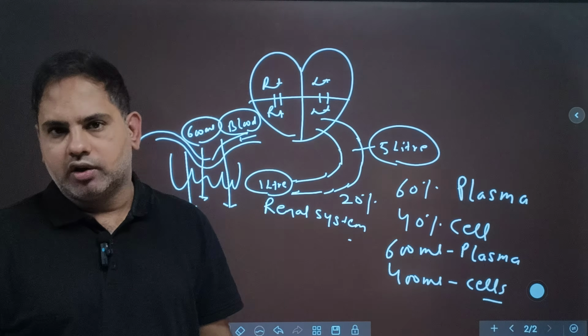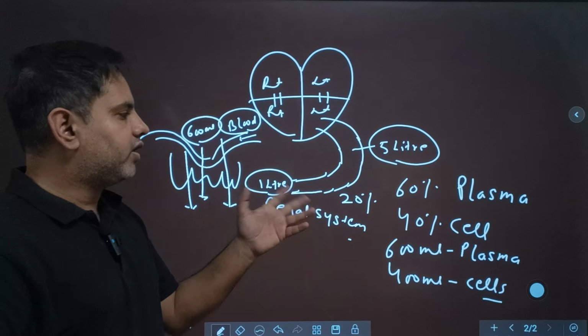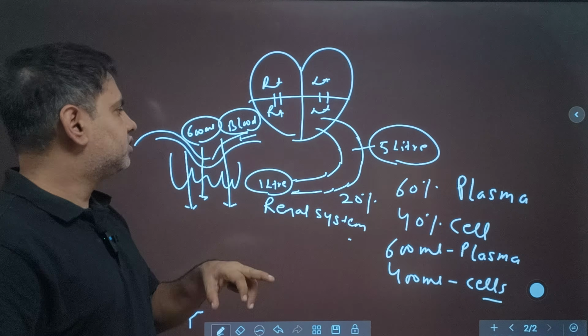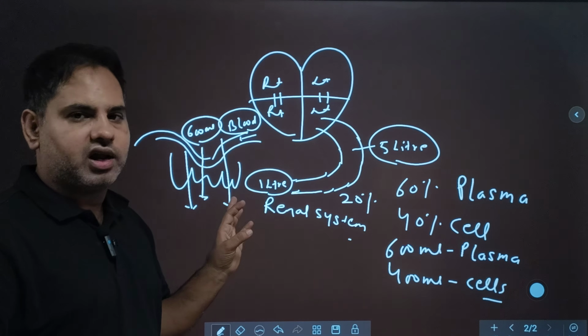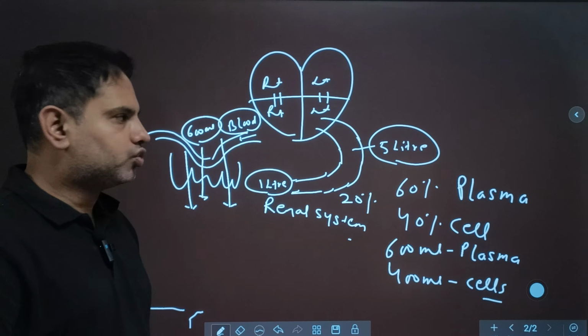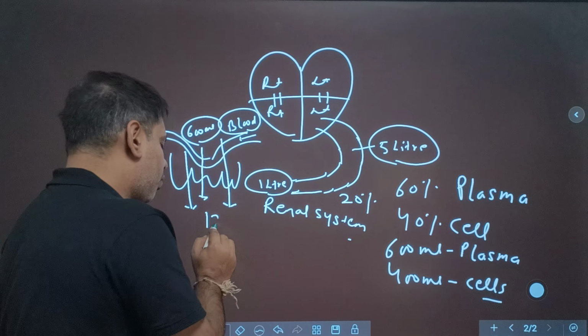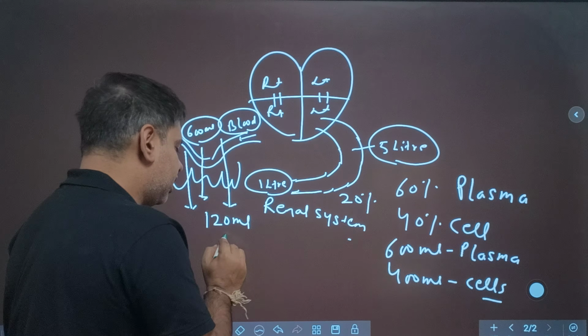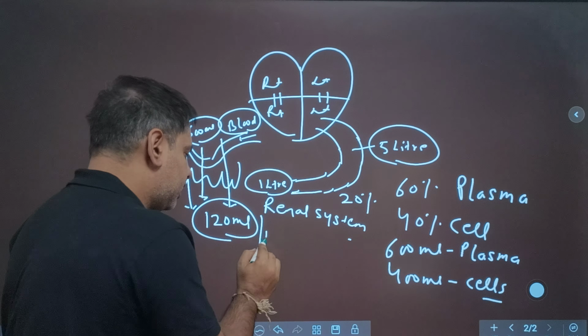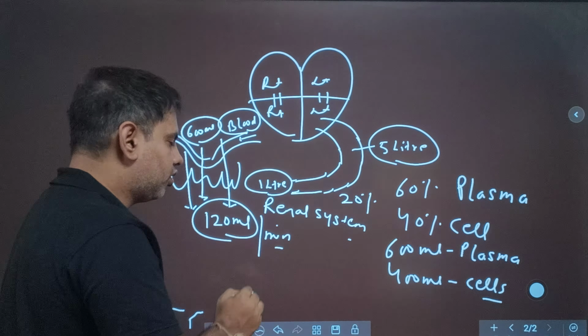Again, 20% of 600 ml is going to filter. So, 20% of 600 ml is how much? 120 ml. So, 120 ml per minute, we are talking about per minute.